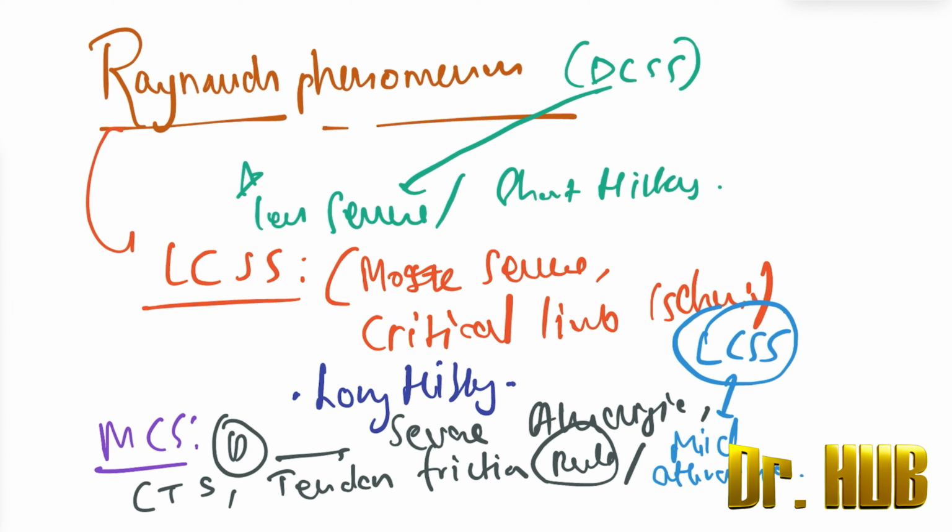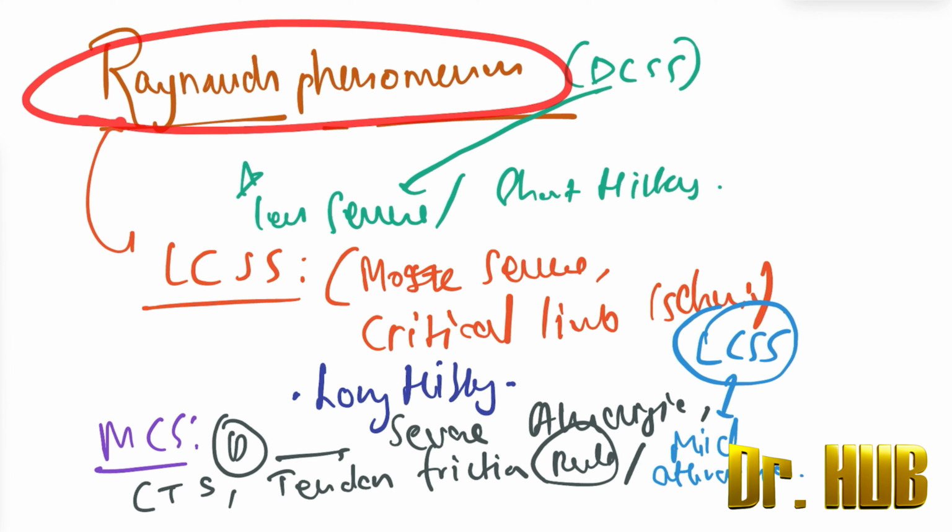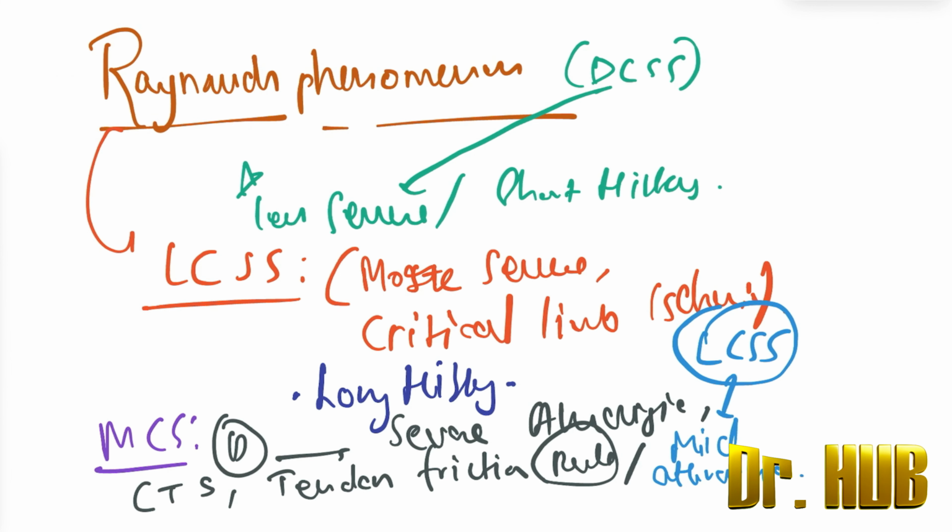Let's recap. We saw the Raynaud's phenomenon. DCSS stands for diffuse cutaneous systemic sclerosis. It is less severe and it has a very short history.